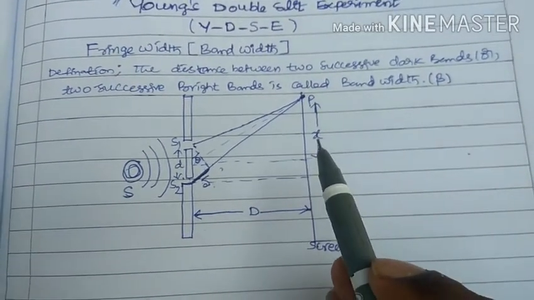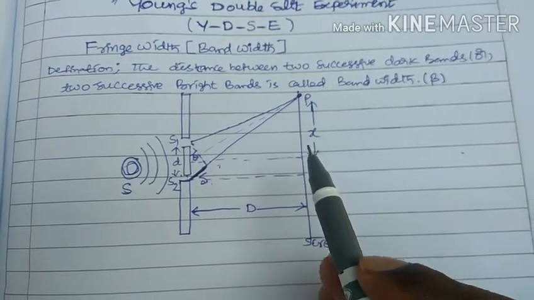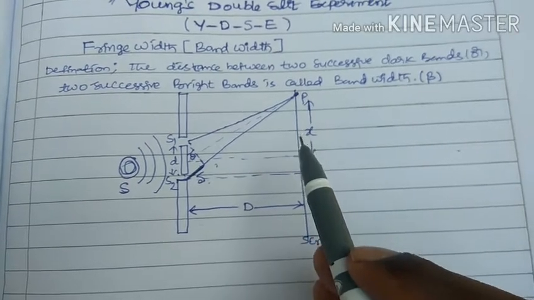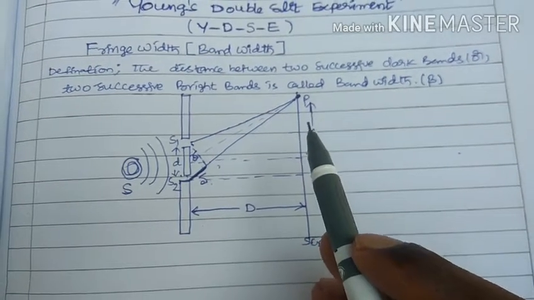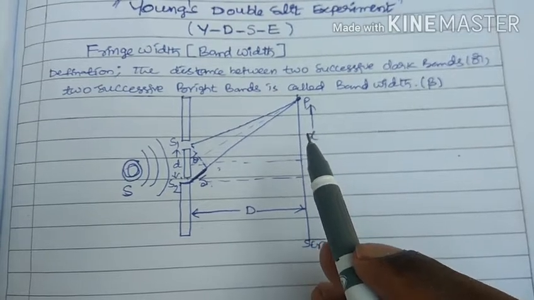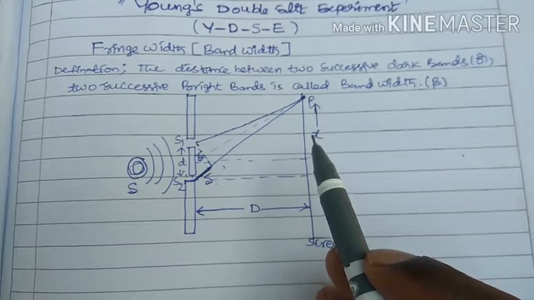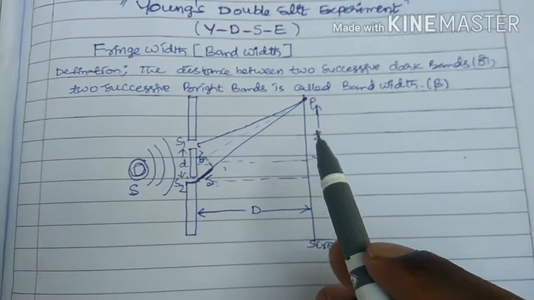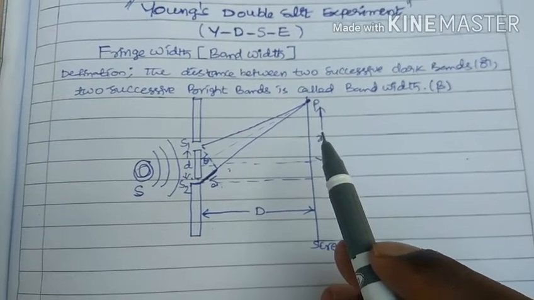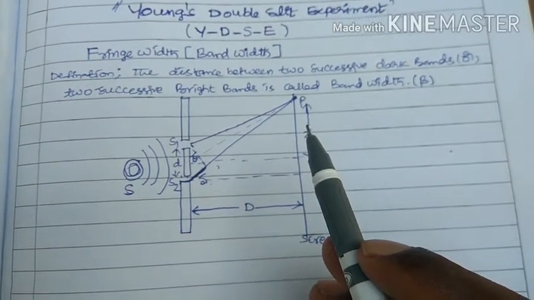In this way dark bands and bright bands are formed alternately. So the gap between two successive bright bands or two successive dark bands is called bandwidth.